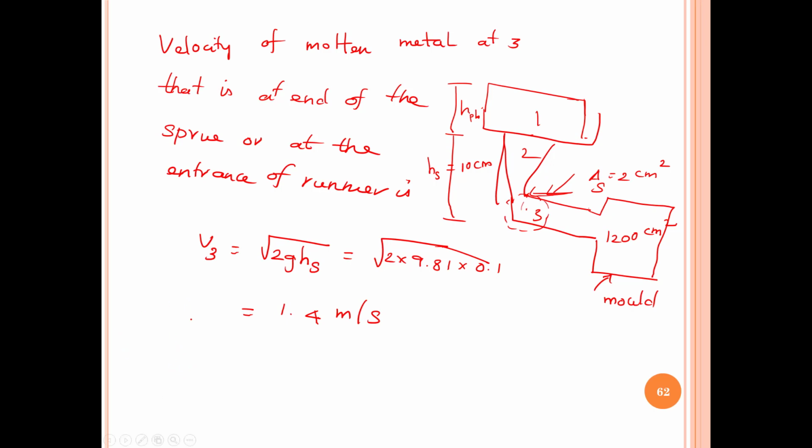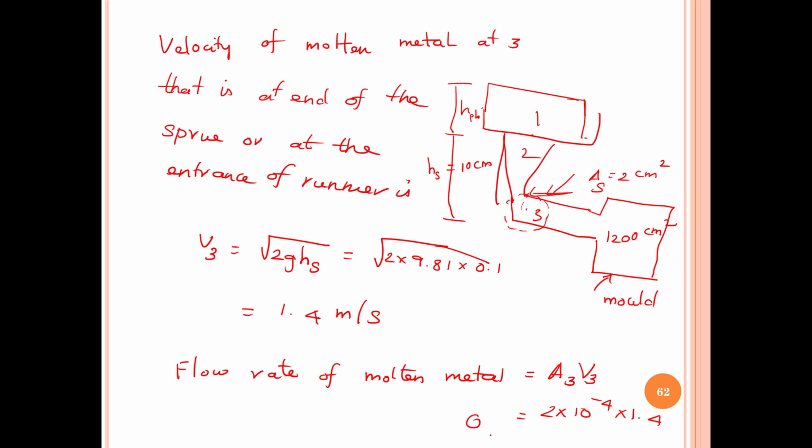Next we have to calculate the flow rate. The flow rate of molten metal is equal to the area of the sprue at point 3 times the velocity, which is 2 into 10 power minus 4, times the velocity of 1.4 meter per second.